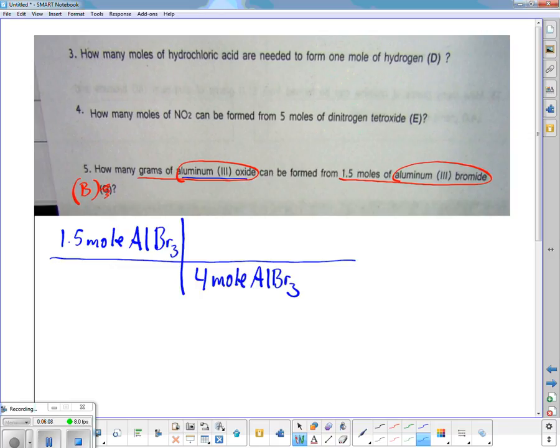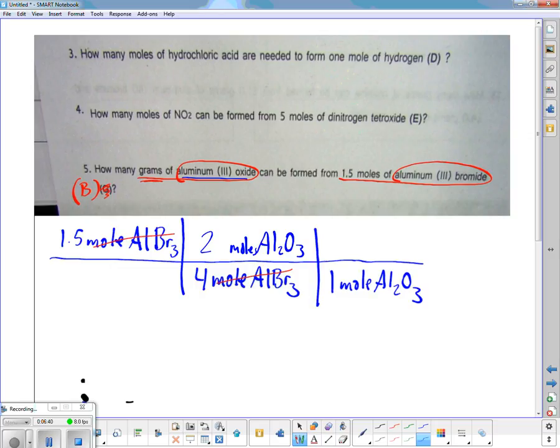What is in front of Al2O3? 2. Okay, so at this point, we can cross out moles of AlBr3. But we're still not to grams. So our next conversion here needs to go from moles to grams. I want to get rid of the mole. It goes on the bottom. Whenever I'm going from moles to grams, it's always just 1 mole.